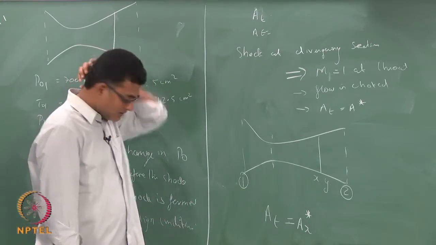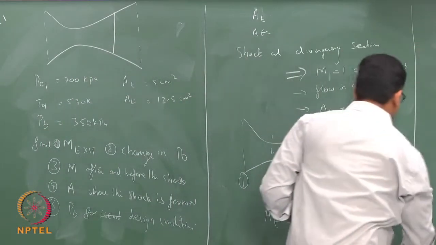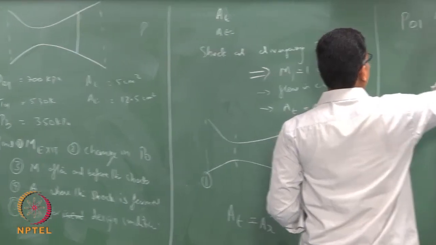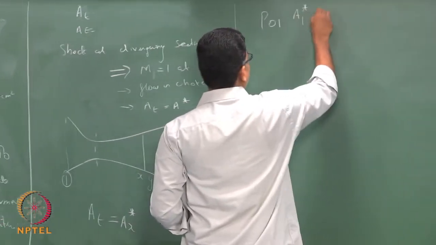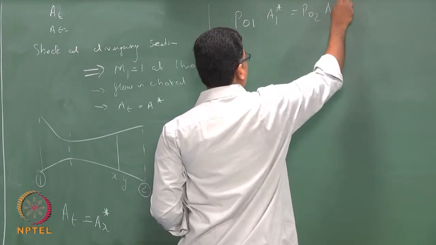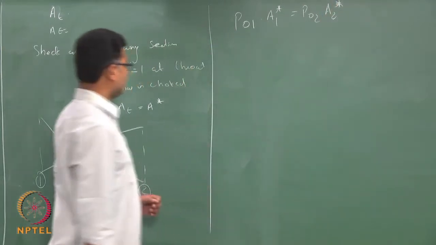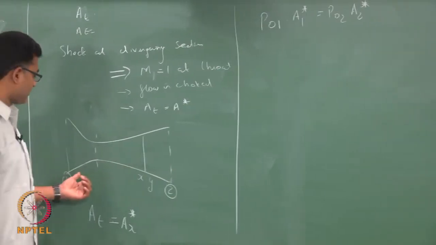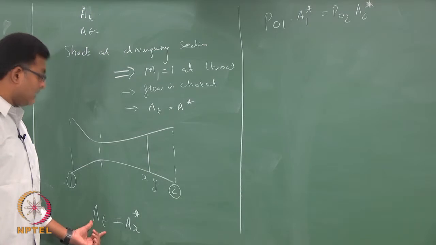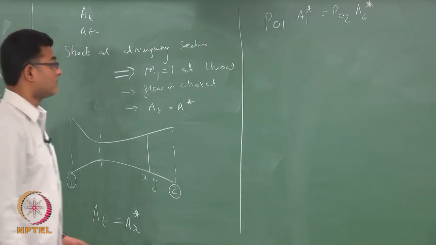Now Ax star, we also know that P01 into A1 star equals P02 into A2 star for a non-isentropic process, which is what we have right now. But A1 star is now our Ax star.